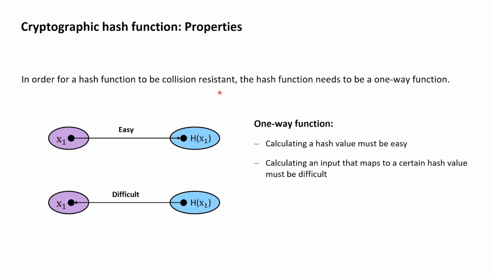Quintessential to a hash function being collision resistant is that the hash function needs to be a one-way function. A one-way function is a function that is easy to calculate in one direction, but not in the other direction. In our example, one-wayness would mean that it is easy to calculate the hash value of, for example, x1, but it's difficult to calculate the input x1 if we are just given the corresponding hash value h of x1.